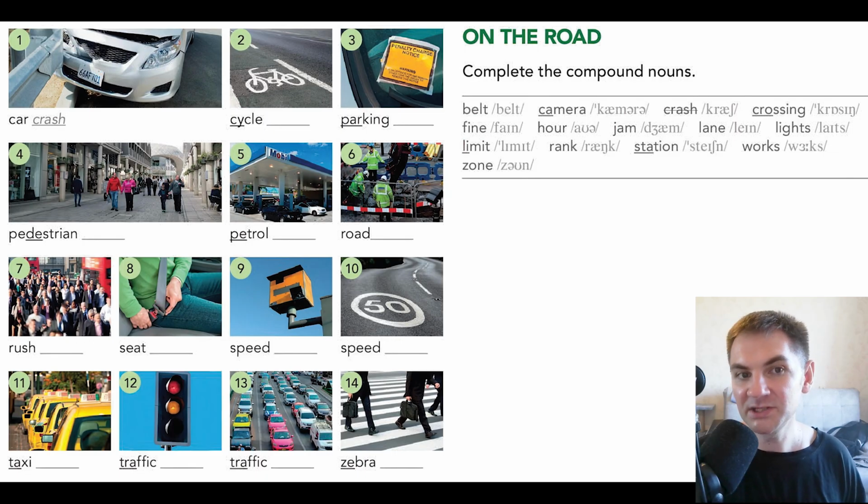Match them with the pictures. Words you can use: belt, camera, crossing, fine, hour, jam, lane, lights, limit, rank, station, works, zone. So do this task, then listen and check.